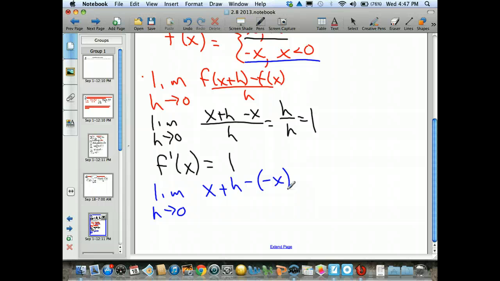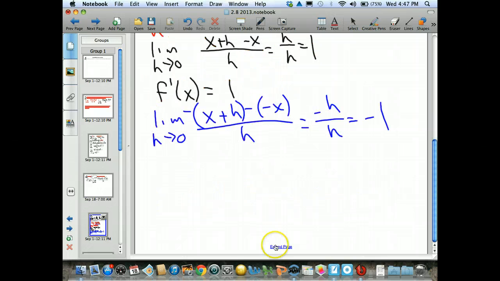I'm sorry, we need a minus sign here on our x plus h because our function is opposite of x. So we'd have opposite of x plus h minus negative x there, all over h, which gives us, well, the x is still canceled, but that's going to give us negative h over h, which is negative 1. So our derivative function, f prime of x, is negative 1 when x is less than 0.